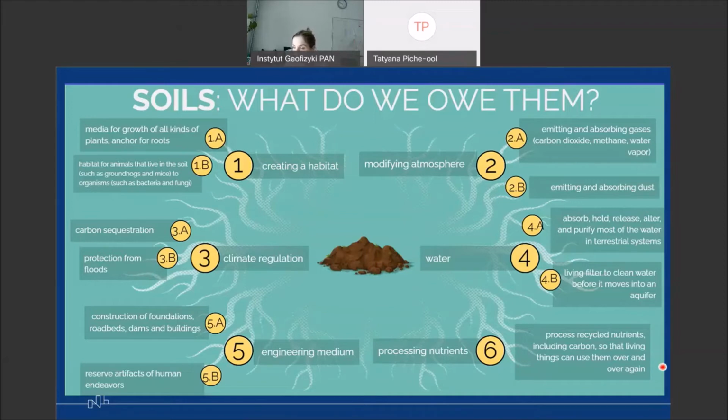From our human perspective, it provides us also with some essential construction and manufacturing materials. We build our houses with bricks, and bricks are made from clay, so clay is part of soil. We drink coffee from a cup that is essentially baked soil, which is also clay. And we also find records of past environmental conditions in soil.